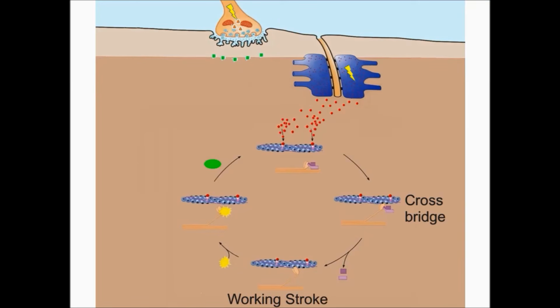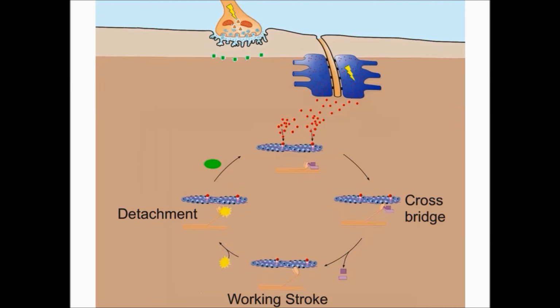After the working stroke, an ATP molecule created from a mitochondria will attach to the myosin head. The binding of ATP to the myosin head causes the myosin head to detach from the active binding site of G-actin. We call this detachment. And finally, in order for the myosin head to be able to perform another cross bridge, the myosin head must change configuration from being bent to being upright.